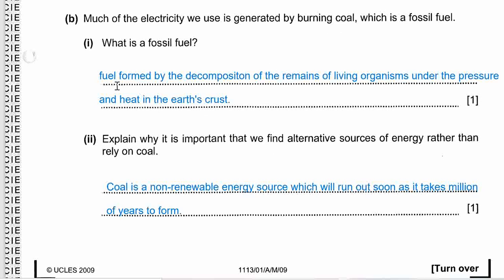Well, fossil fuel is fuel formed by decomposition of remains of living organisms under the pressure and heat in the earth's crust. Next, question B, part 2. Why is it important that we find alternative sources of energy rather than rely on coal? Coal is a non-renewable energy source which will run out soon as it takes millions of years to form.